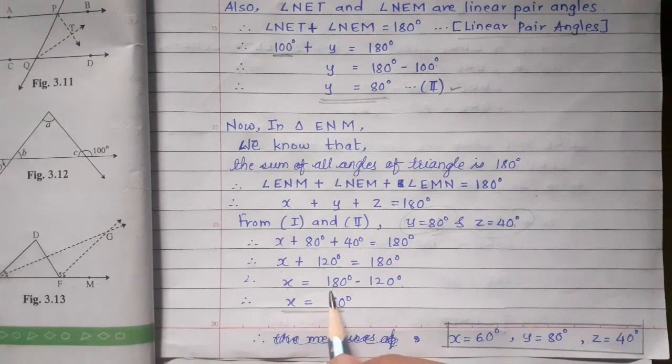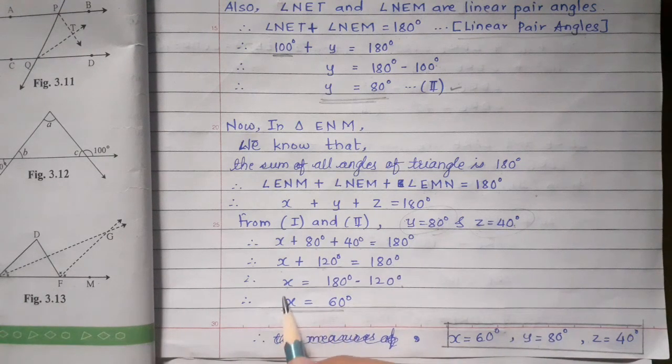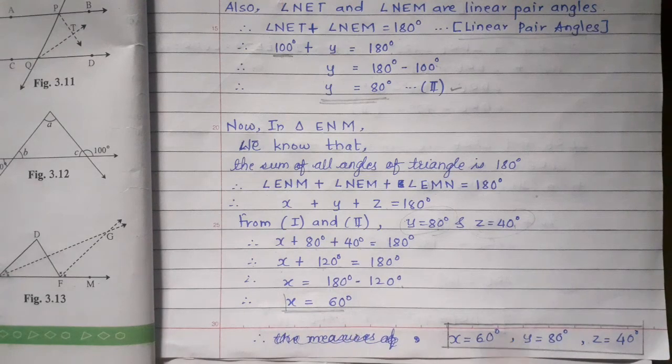Then X is equal to 180 degrees minus 120 degrees. 180 minus 120 is 60 degrees. Therefore, X is equal to 60 degrees.